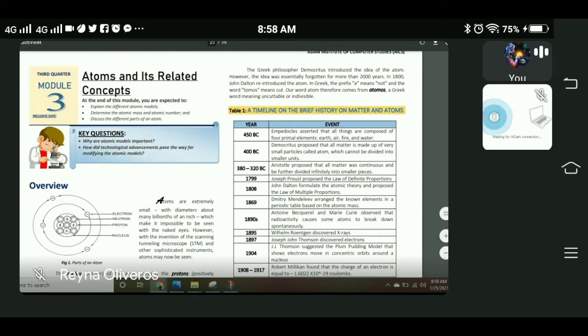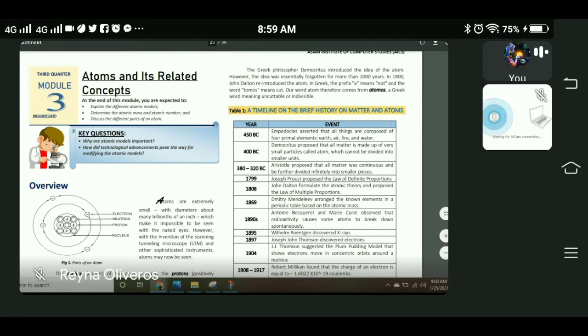However, the idea was essentially forgotten for more than 2,000 years, until the 1800s, when John Dalton reintroduced the atom. In Greek, the prefix "a" means not, and the word "tomos" means cut. Our word atom therefore comes from atomos, which means uncuttable or indivisible.